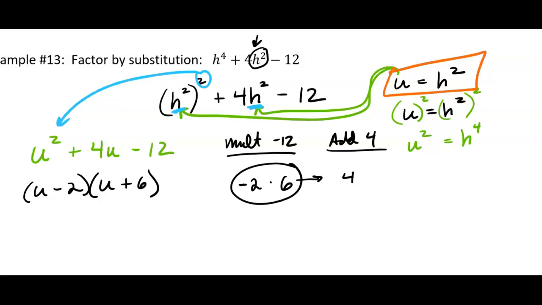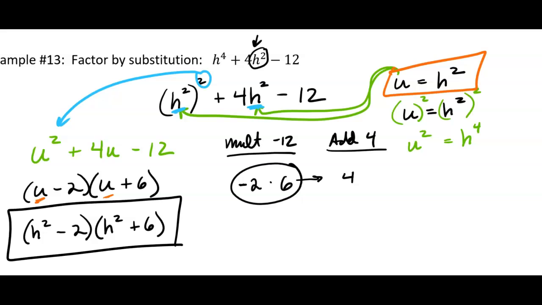So now those u's, this one and this one, I'm going to put in h squared form. So it's going to look like this: h squared minus 2 and h squared plus 6. And then we're done. So you substitute the u in, but then you have to take it back out. Okay, there you go.